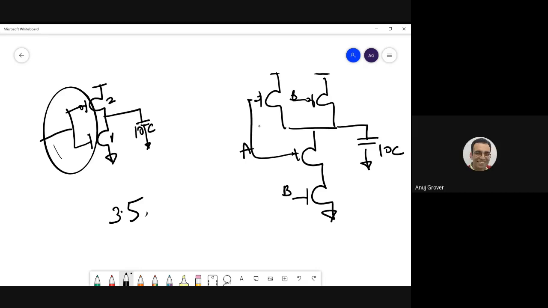Now for a NAND gate, what would be the size of the NMOS here? It will be 2C, twice for the NAND gate. So now what has happened? You have used something which is of the size of 8 instead of 3.